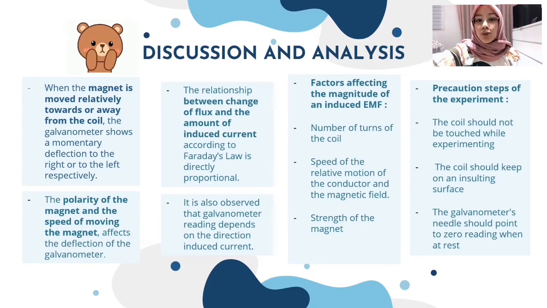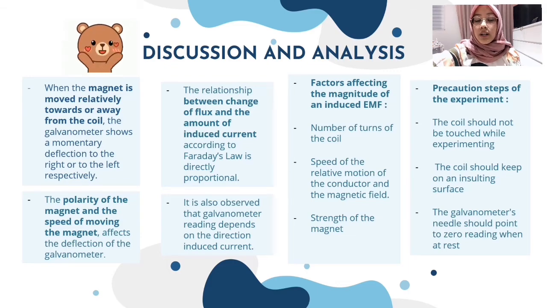Secondly, it is also observed that the galvanometer reading depends on the direction of the induced current. This is because when the magnet is moved towards the coil, the galvanometer deflects towards the negative value. It applies to both the 2-coil and 4-coil solenoid.